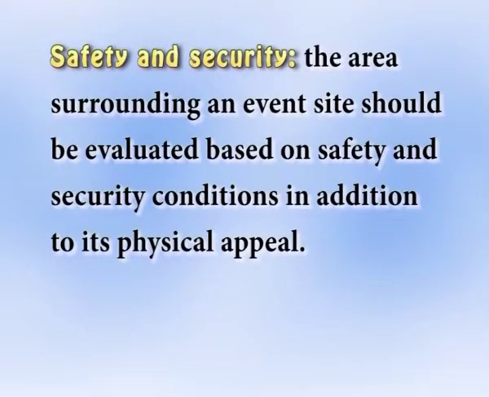Safety and security. The area surrounding an event site should be evaluated based on safety and security conditions in addition to its physical appeal. Political unrest, crime-ridden areas, extensive roadway construction or other potentially hazardous conditions must be evaluated carefully.